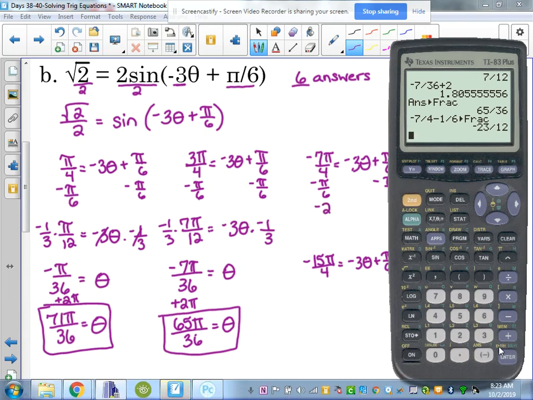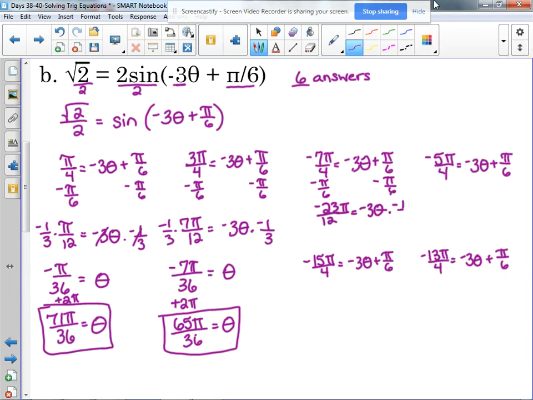Negative 23 pi over 12 is equal to negative 3 theta. Same deal, we multiply by negative 1/3. So we get positive 23 pi over 36. I left myself just enough room. So we got a positive answer that time. We don't have to go back and add 2 pi like we did with the first 2.